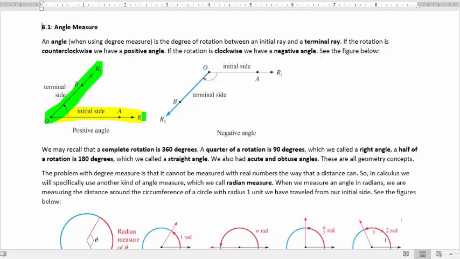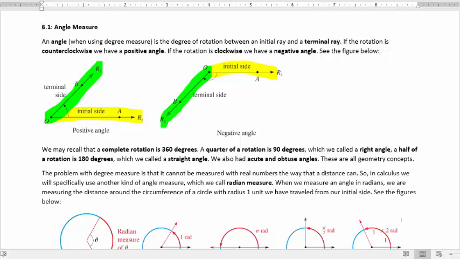So the yellow is the initial side, the green is the terminal side, and with this one, there's your initial side, and there's your terminal side. The way that we think of the angle is how much rotation was required to get from the initial side to the terminal side.